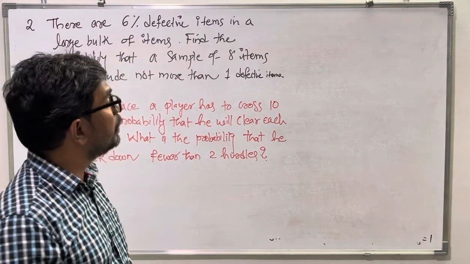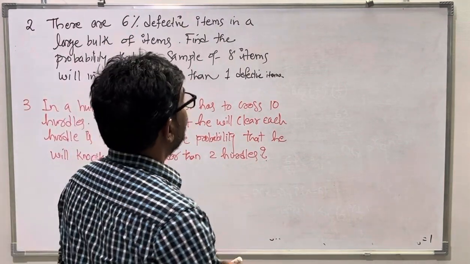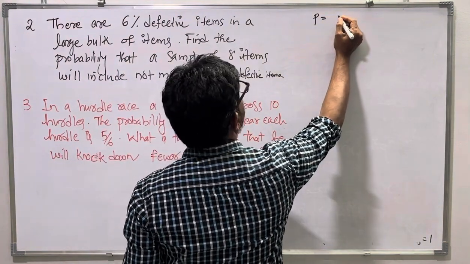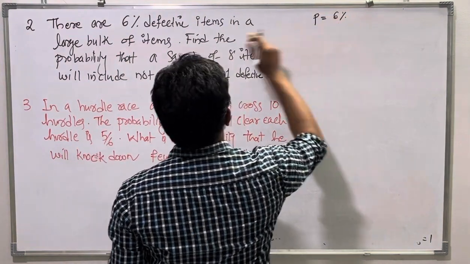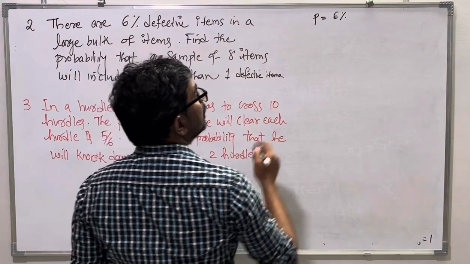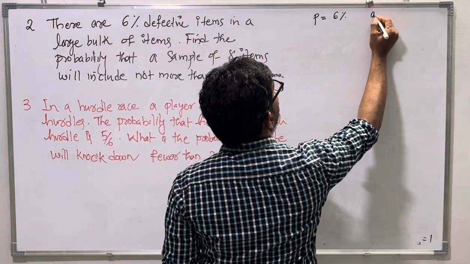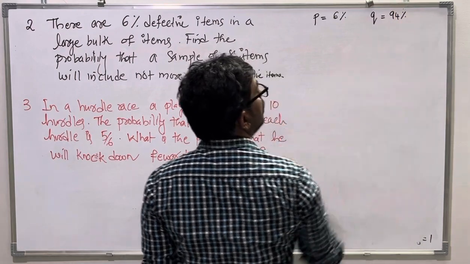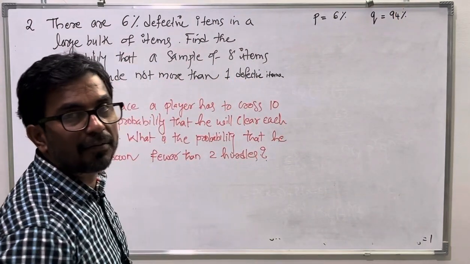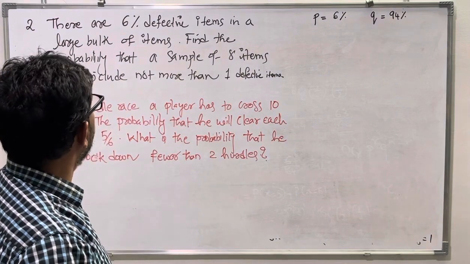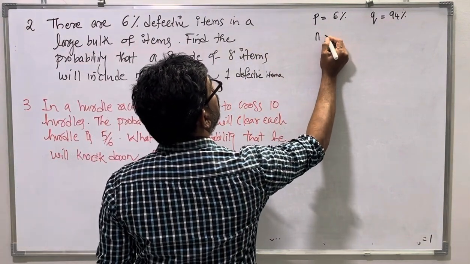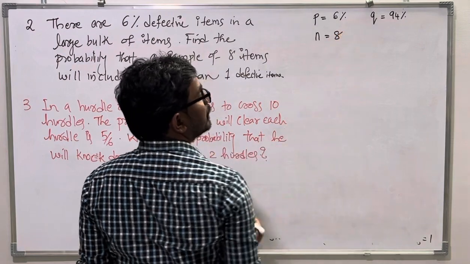So our probability of success, P, will be what? 6%, because defective represents 6%. 6 by 100. And Q will be what? 94%, or 94 by 100. And then we have n is equal to 8 items. Total of 8 items are selected.